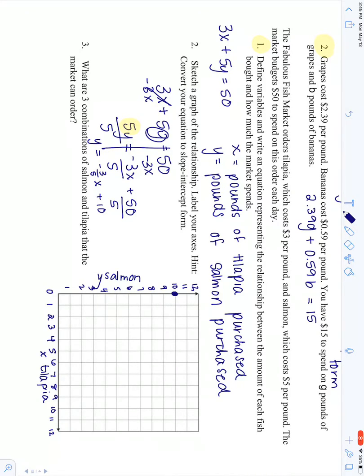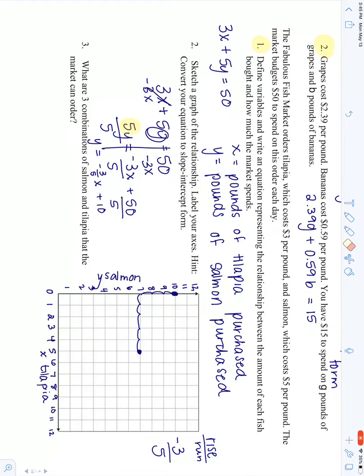All right, welcome back. So a slope of negative 3/5, slope is always rise over run, okay? But in this case, I'm not necessarily rising, I'm going down because of negative 3/5. So I need to go down 3 spaces, down 1, 2, 3, and over 1, 2, 3, 4, 5, and plot a point.